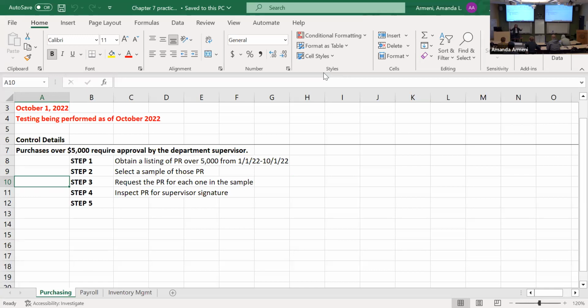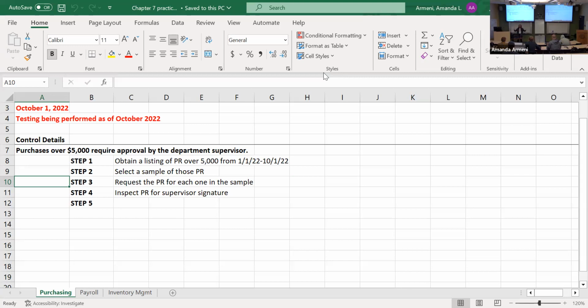Okay. So the first step is we have to think to ourselves, how often does a control like this actually happen? And I would argue that purchases over $5,000 are probably a regular occurrence within a lot of organizations. So this kind of activity would happen frequently during our audit period.